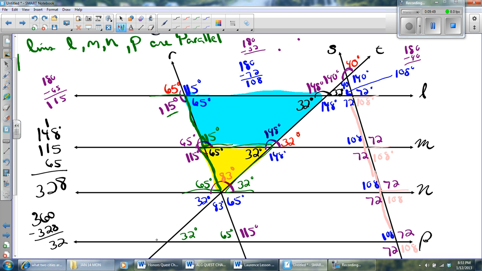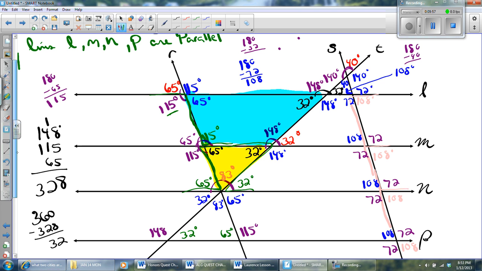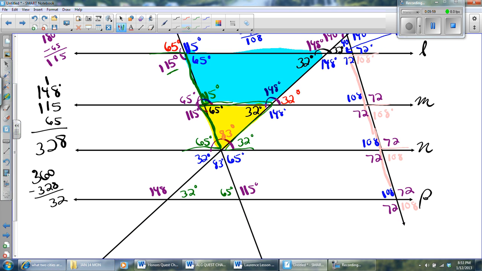All right, supplementary over here. 148. Okay, almost done now. Just a couple more to go. I'm going to do some vertical angles and get a 148, a 32, a 115, and a 65, and there you go.